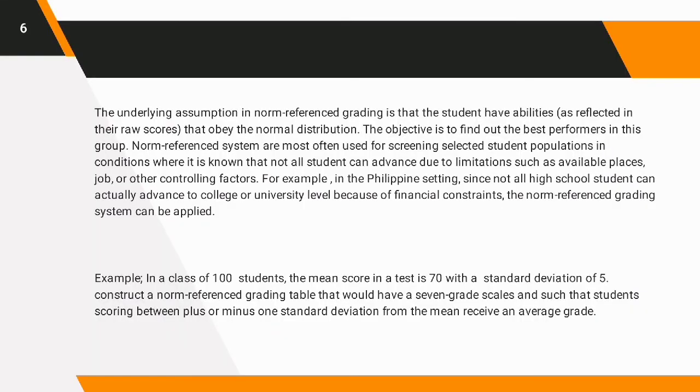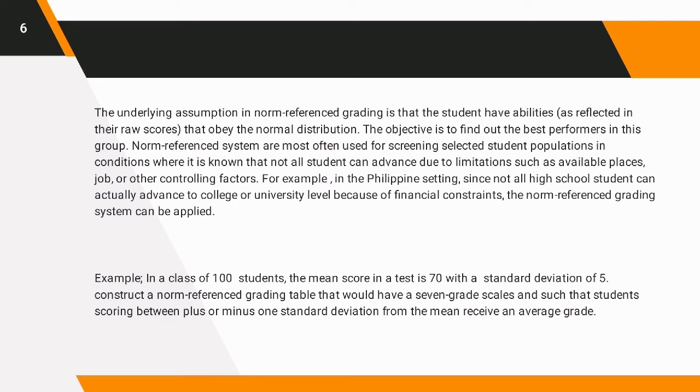The underlying assumption in norm-referenced grading is that students have ability, as reflected in their raw scores, that obeys the normal distribution. The objective is to find out the best performers in the group. Norm-referenced grading systems are most often used for screening a selected student population in conditions where it is known that not all students can advance due to limitations such as available places, jobs, or other controlling factors.